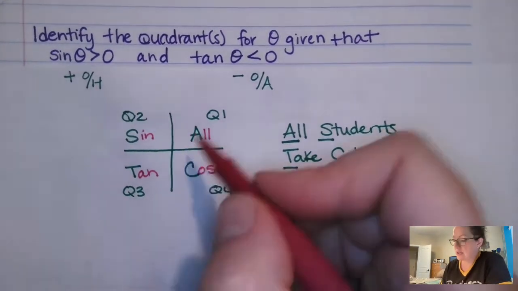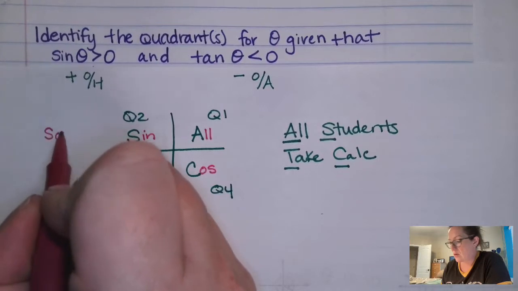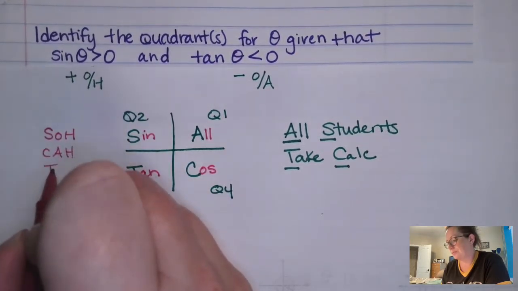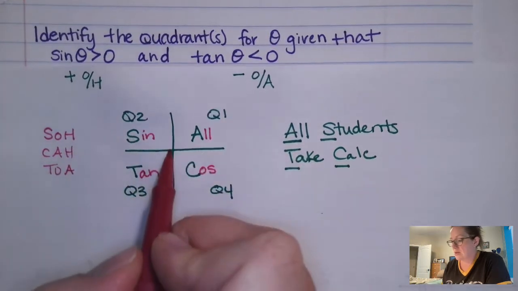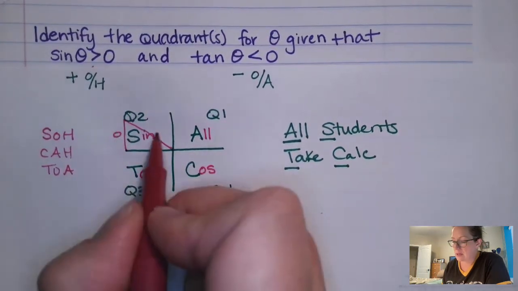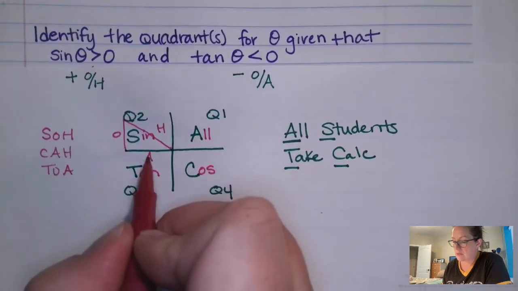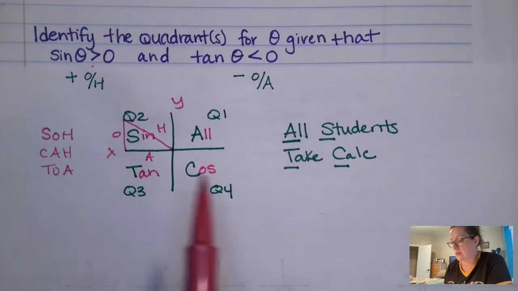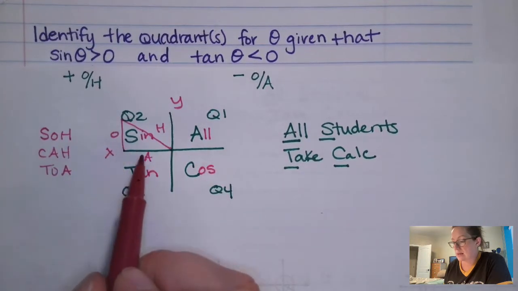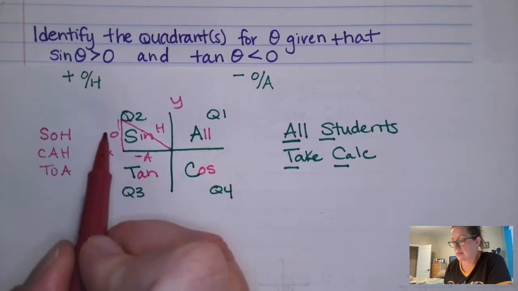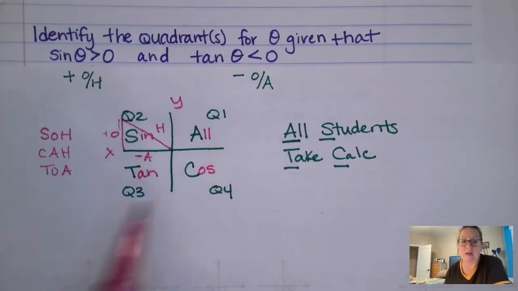So let's just look at the sine value really quick. We know sine is O over H. So if we had a little triangle in here, we would have opposite, hypotenuse, and adjacent. Thinking about the normal XY quadrant system, X is negative over here, Y is positive up here, and the hypotenuse is never negative.